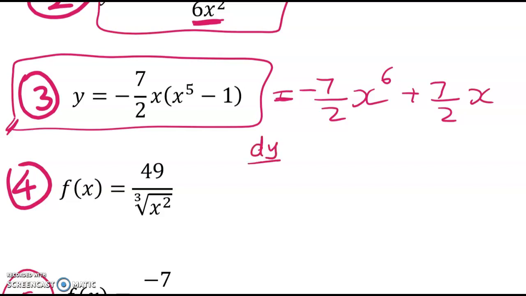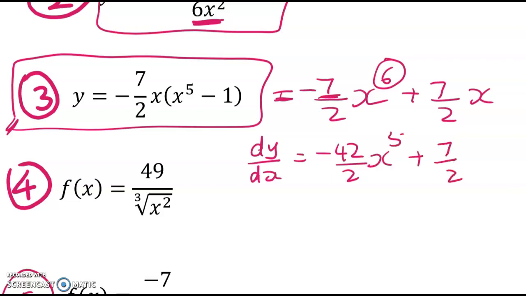Okay, so now we can differentiate. dy by dx is equal to negative 42 over 2. Right, so pulling down the power, timesing it by the coefficient, x to the power of 5 plus 7 over 2. And that equals negative 21 x to the power of 5 plus 7 over 2.